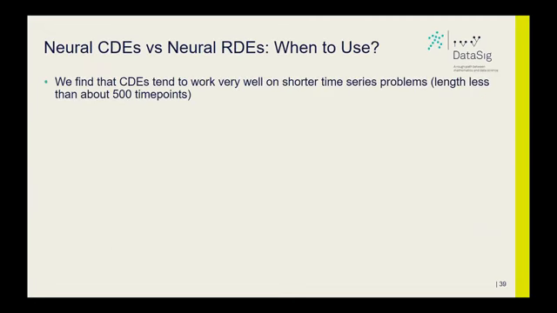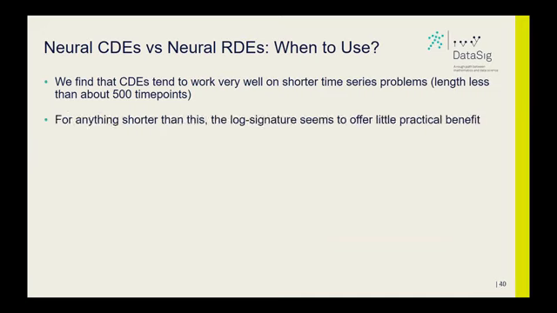So neural CDEs: a comparison between the two, and when should we use which one? To an extent, they're the same thing, but we find that the CDE formulation and the derivative formulation tends to work very well on short time series problems. Anything less than about 500 time points performs very well, and we tend not to see an issue.